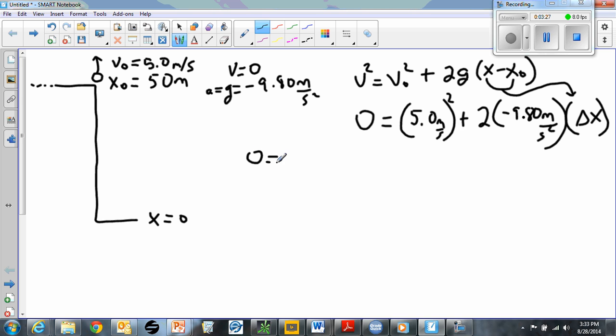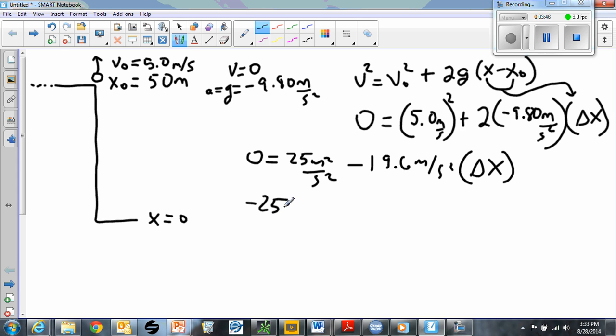So it's going to be 0 equals 25 meters squared per second squared minus 19.6 meters per second squared times delta x. And I have to subtract this over here, so I get negative 25 meters squared per second squared equals negative 19.6 times delta x.